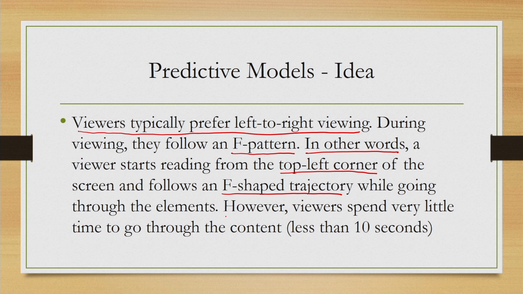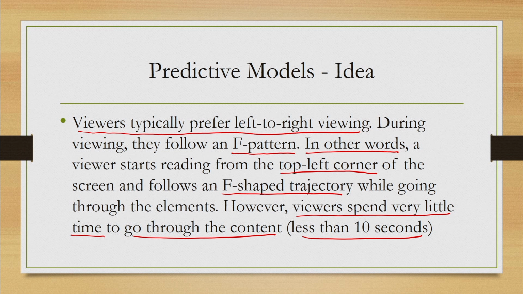It is also mentioned in the descriptive model that viewers spend very little time to go through the content, so less than 10 seconds. So, in other words, we have a descriptive model which talks about a particular behavior observed in the viewers of web pages.